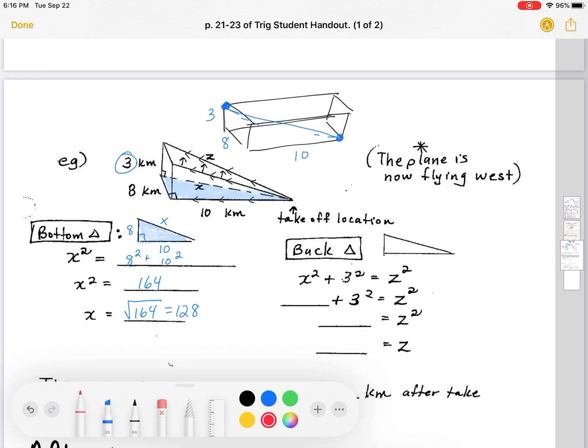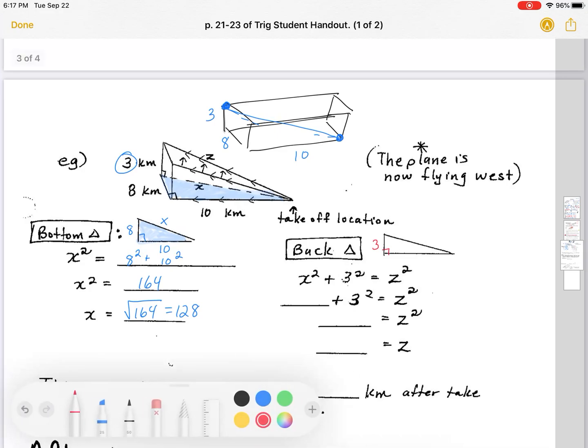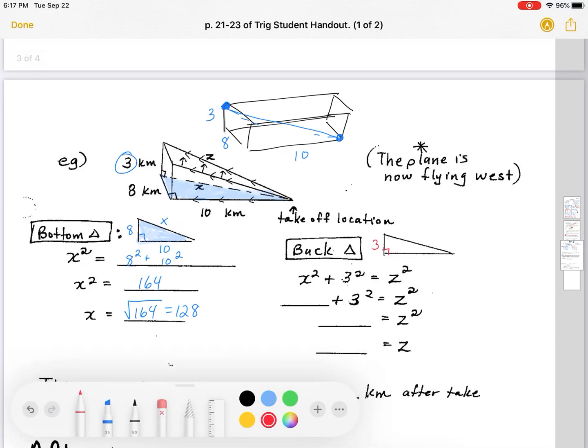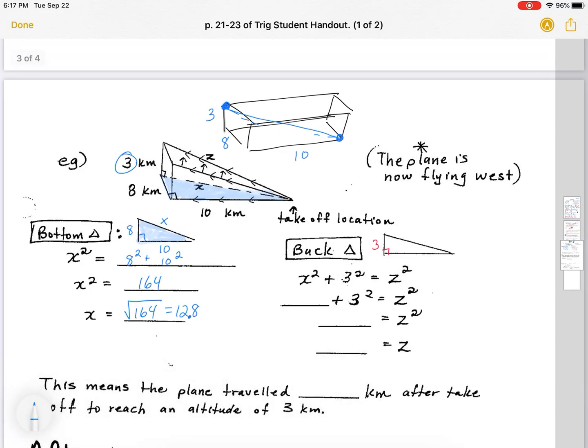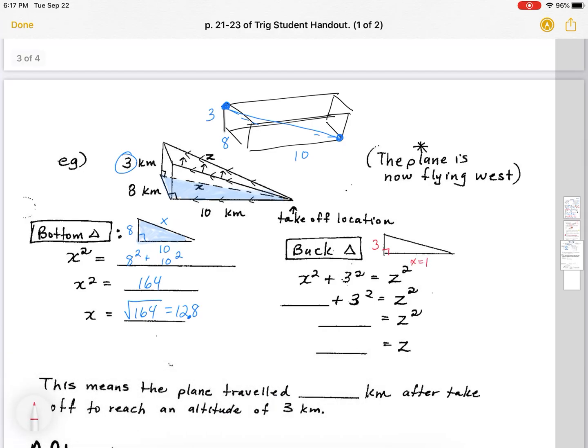Okay. Now, the back triangle, which is going to give us our z, if we label it, we have our 3 here. We're going to have our right angle in like that. And down below, we have what we just found out, our x. Sorry, I forgot a decimal here. 12.8.